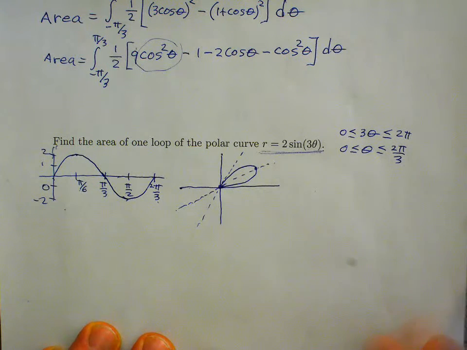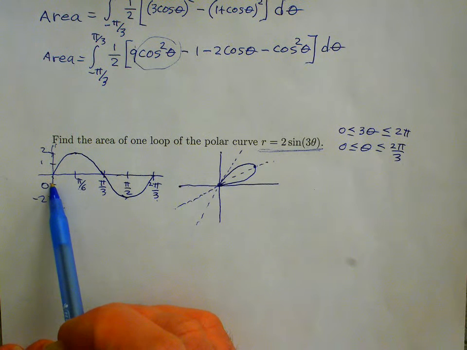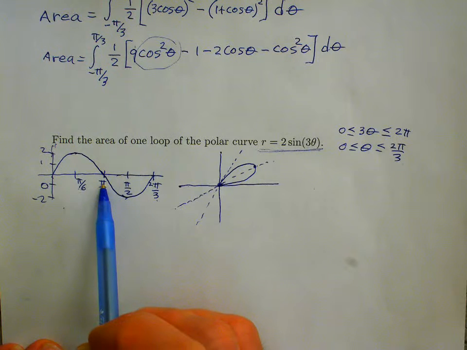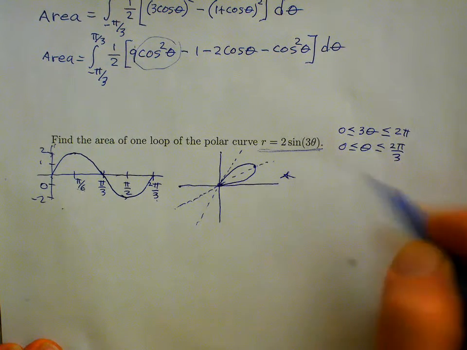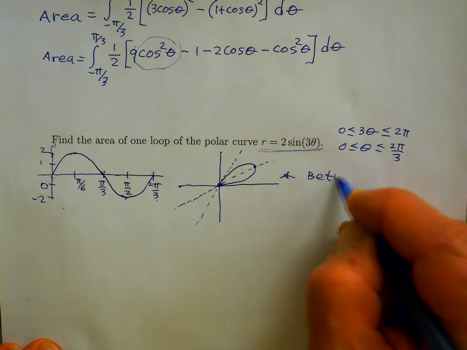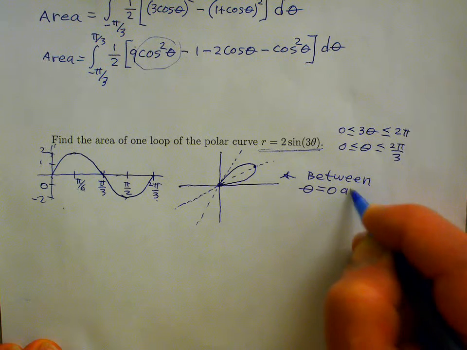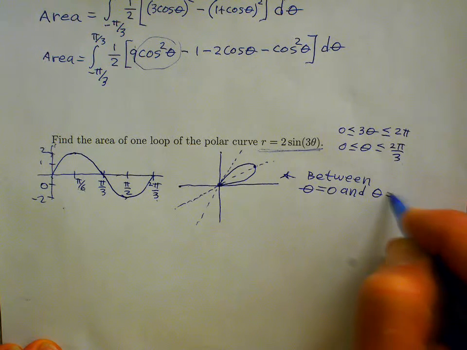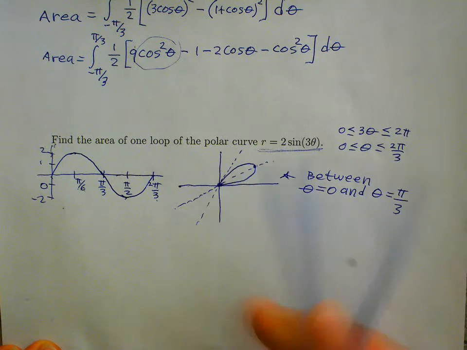So what can I use for the limits of integration if I want to find the area of just one of those loops? We sketched one loop between 0 and pi over 3, right? So between theta equals 0 and theta equals pi over 3, we were able to sketch the graph of one loop.